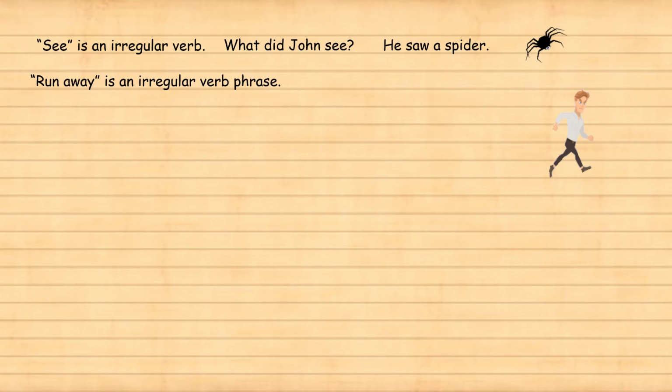See is an irregular verb. What did John see? He saw a spider. Run away is an irregular verb phrase. What did John do? He ran away from the spider. Why did John run away from the spider?